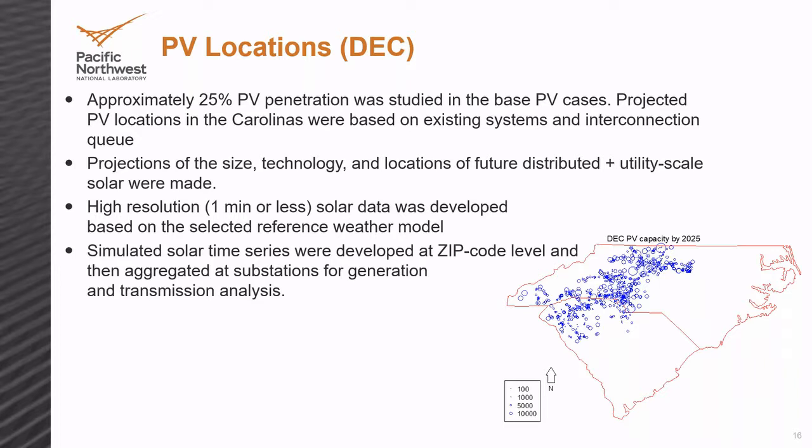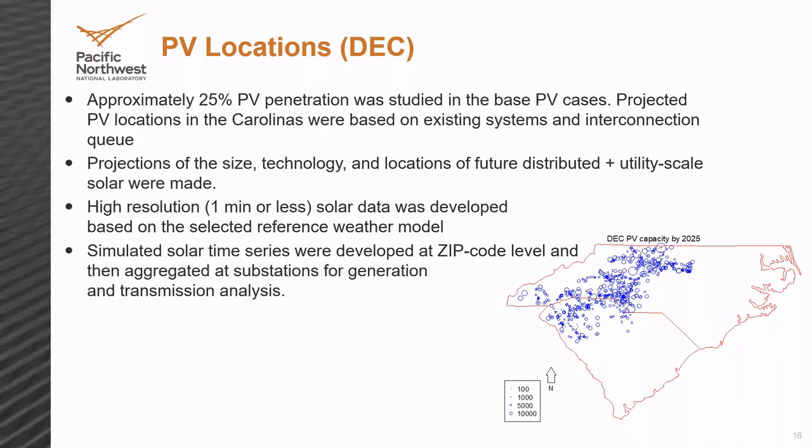And we work with Duke Energy and PV forecast developers to develop scenarios for the PV penetration here, which are the blue dots here, and the dot size represents the project size. You put some assumption about how much commercial, how much residential, and so on.